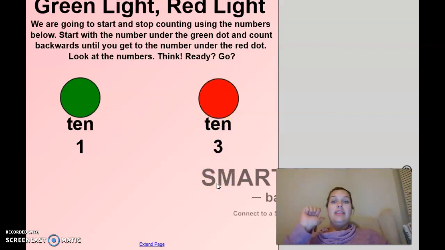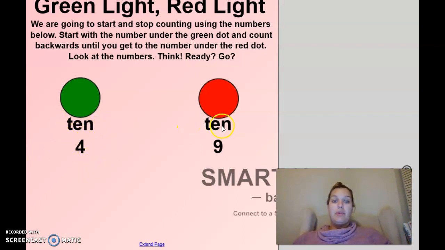So we have to go 10, 1, 10, 2, 10, 3. And then we have to count backwards. So 10, 3, 10, 2, 10, 1. Good job.